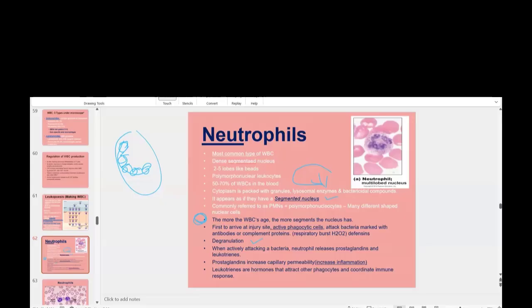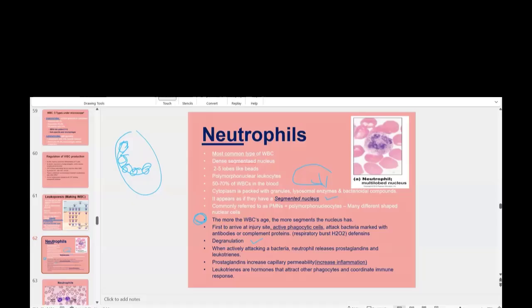That means the granules that hold these chemicals and enzymes are opened. They are no longer granules, they open up and discharge these chemicals. These chemicals will also cause other neutrophils to open up their granules and discharge the enzymes, so that they are all in unison to act on the pathogen and kill it, actively attacking it.